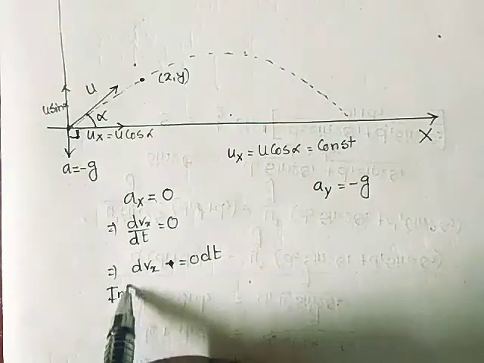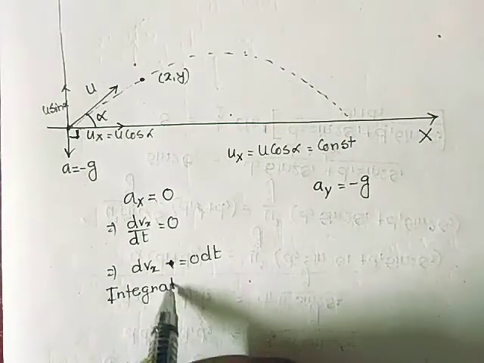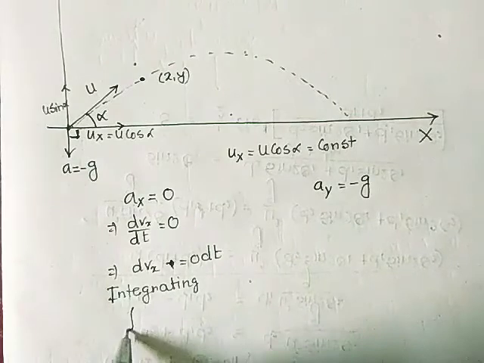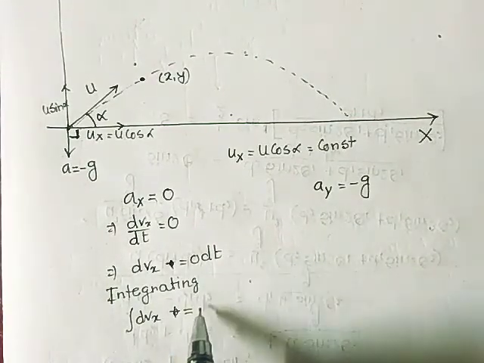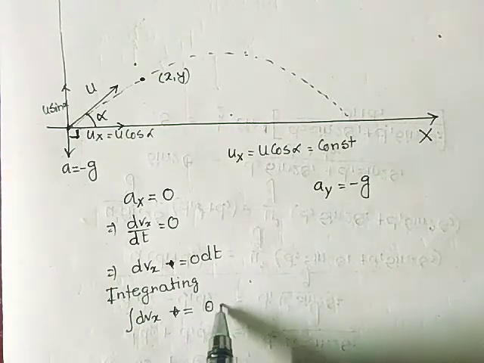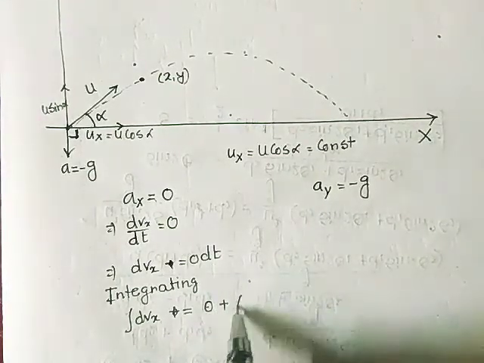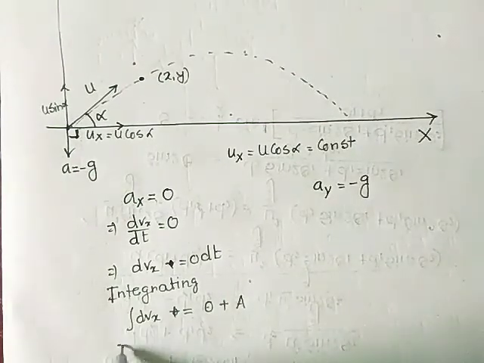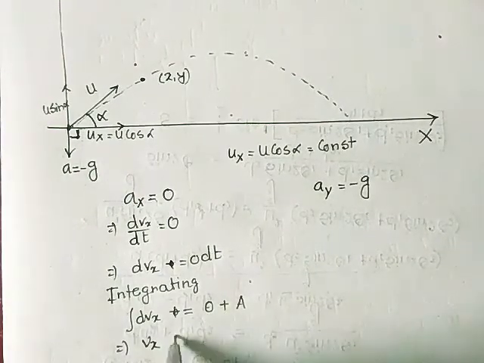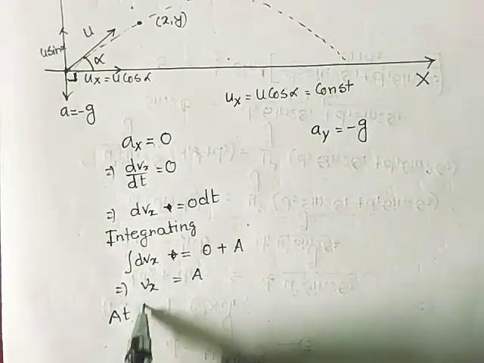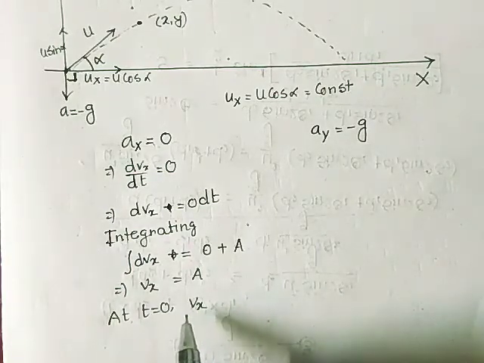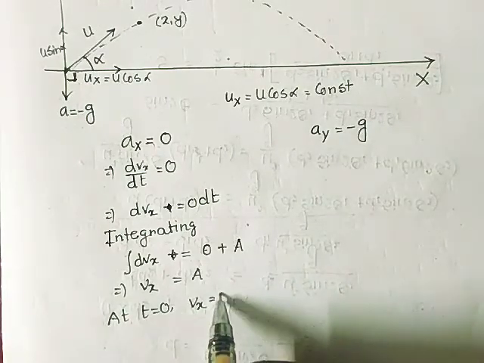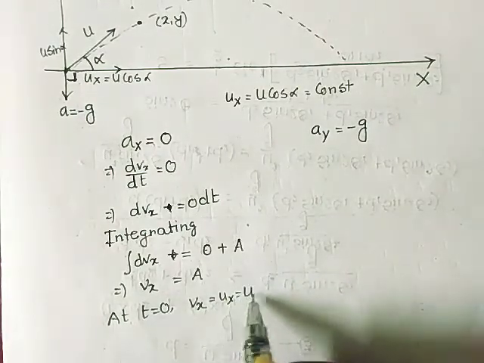integrating. Integration of dvx, 0 into dt is obviously 0, but after integration a constant comes, that is called the integration constant. So it will be vx equal to a. At t equal to 0, the x component of velocity initially is equal to ux, and that is equal to u cos alpha.